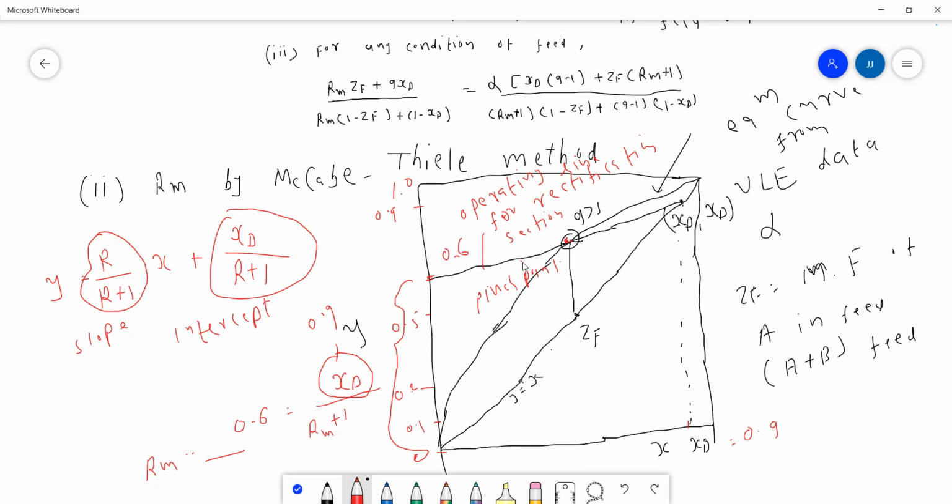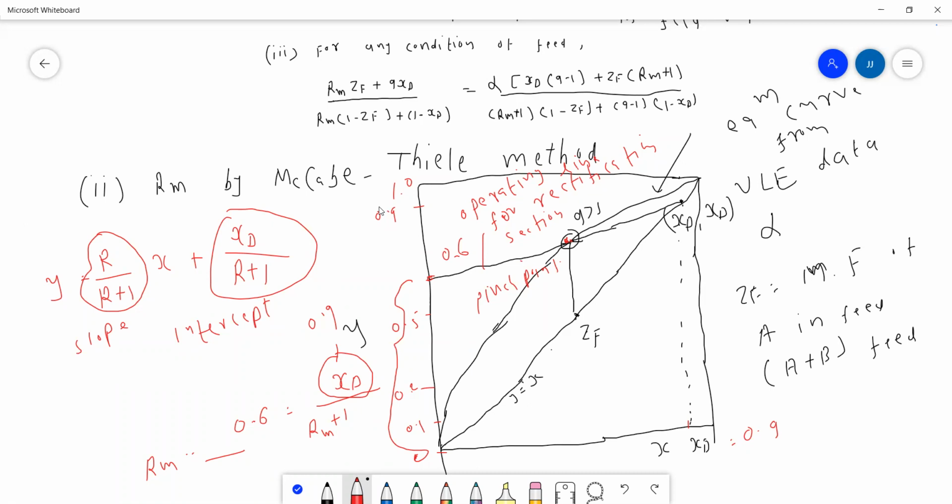And at minimum reflux ratio we get an infinite number of stages. That's why we have written Rm, the minimum reflux ratio, instead of R. Using this, we can calculate Rm, the minimum reflux ratio.